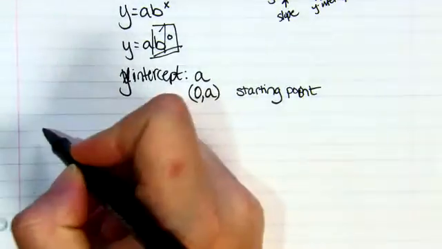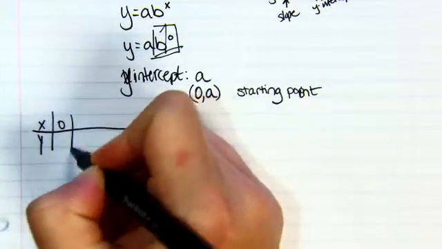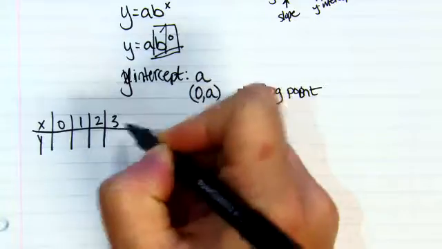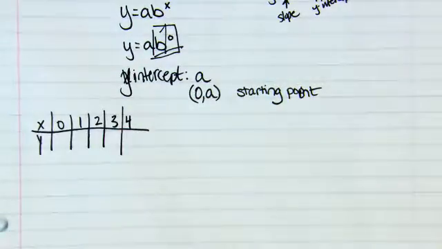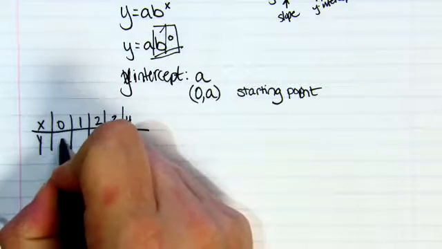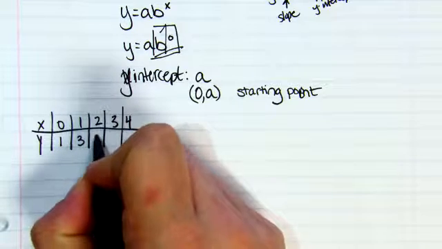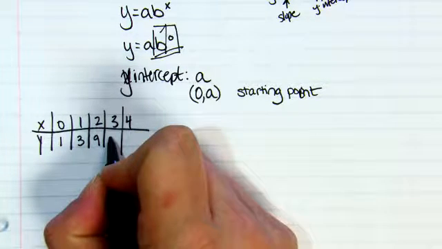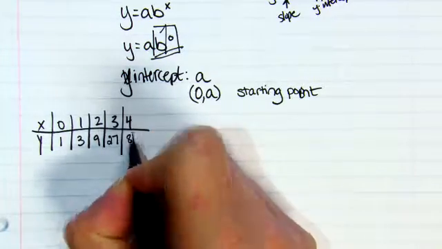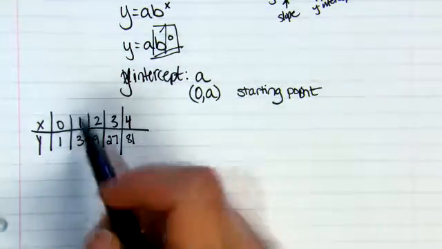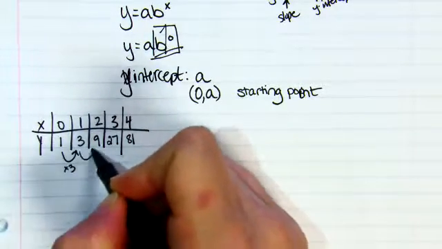And then if we go back to when we had our x and our y, 0, 1, 2, 3. If I have an exponential function here, let's just say I'm going up times 3 would be 9, times 3 would be, oh my gosh, 27, times 3 would be 81. So on this one, I just set it up nice and easy, where I'm multiplying by 3 each time.